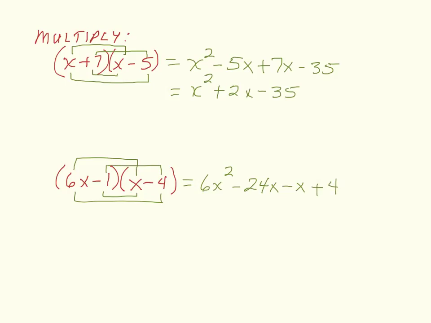Notice the two middle terms are both x terms, so we can combine them. They have the same variable raised to the same power. Negative 24x minus x is negative 25x plus 4. Okay, so we've multiplied using FOIL.